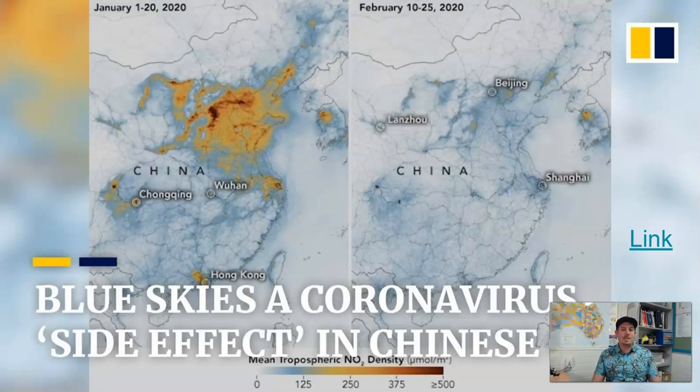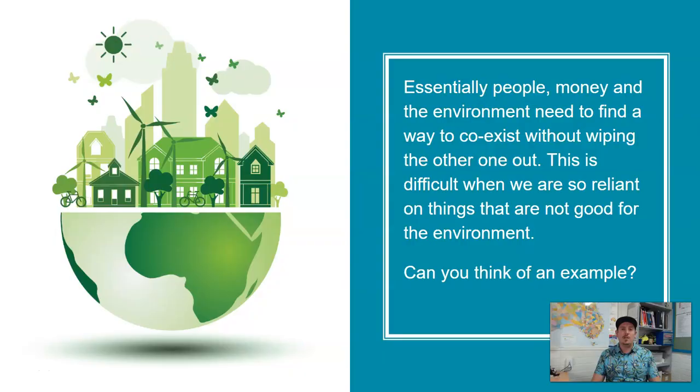So the environment's actually benefiting in regards to COVID-19. But essentially, people, money, and the environment need to find a way to coexist without wiping the other one out. This is so difficult when we are so reliant on things that are not good for the environment. Can you think of an example of what that might be?